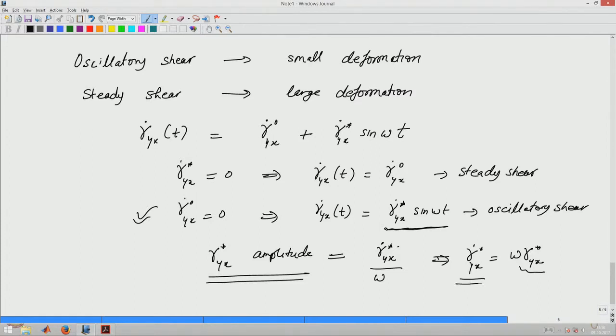When I choose this to be constant, I have to make sure that my omega range is fixed, so that this never exceeds a very large value. That is all essential, because remember, whenever we did oscillatory shear, it was for the linear regime, it was for small deformations only. So, that is why oscillatory shear is for small deformation, and in steady shear we can impose arbitrarily large amounts of deformation.